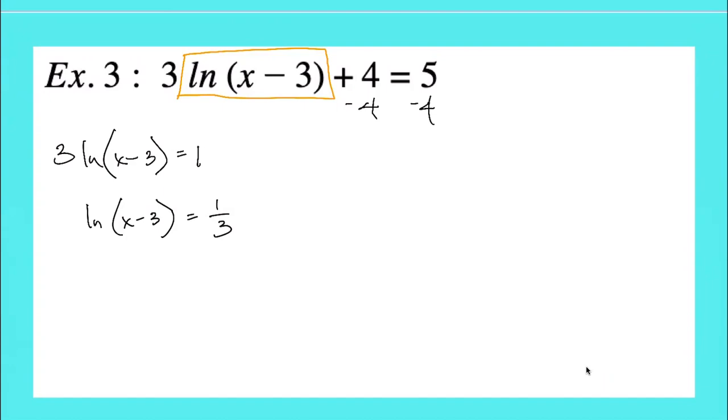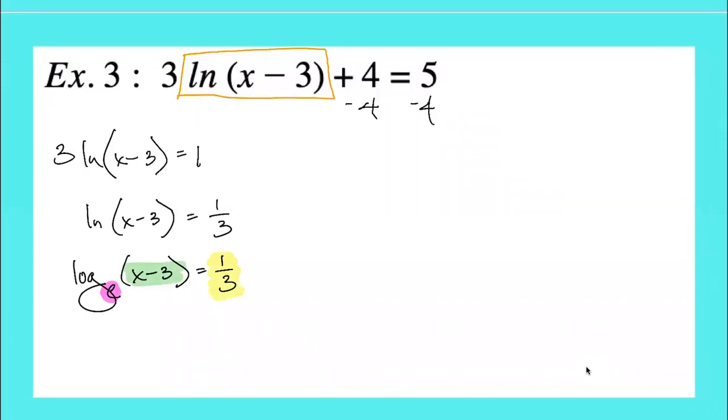Now, because this is our first example with the natural log, I'm gonna rewrite it like this: log base e of x minus 3 equals 1/3. That way, I can tell that this is a base e. My number on the other side is 1/3. And my expression with x is x minus 3.